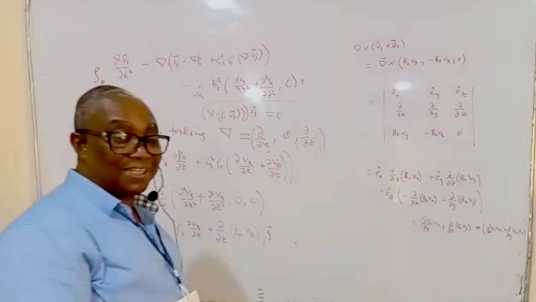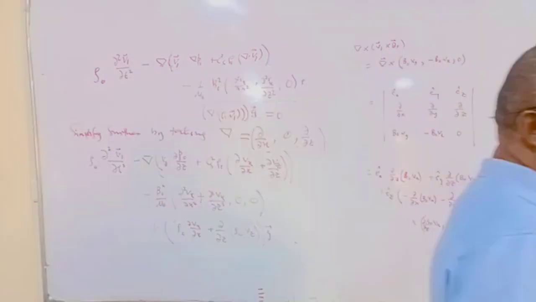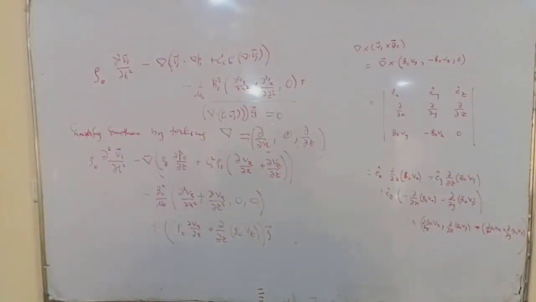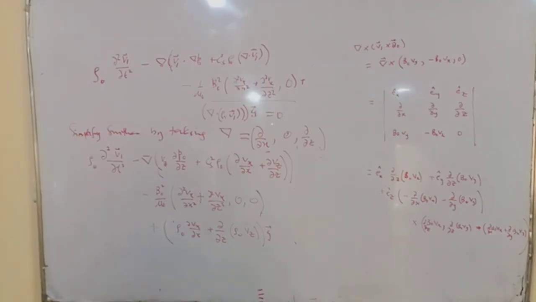having obtained that, we can now write the problem in component form. You see the one that is x-axis, the one that is y-axis, and the one that is z-axis. But of course, you will see how the problem will come.